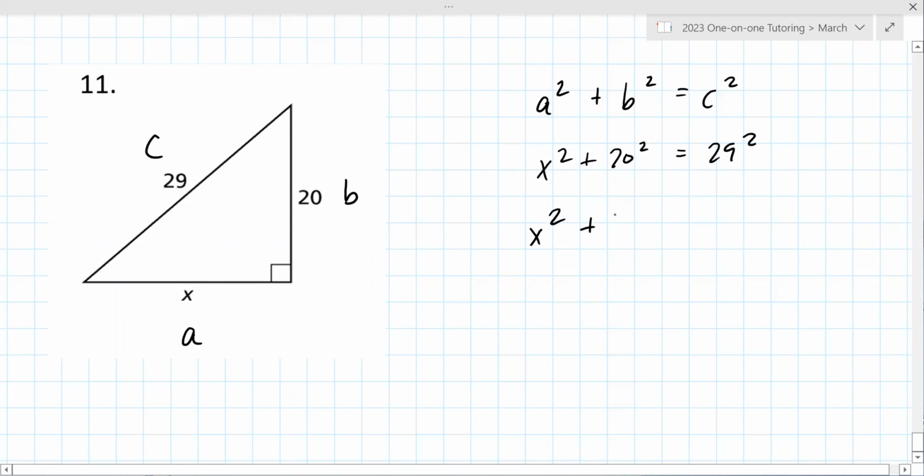So this is X squared plus 400. Can you tell me the 29 squared, please? 29 squared is 841. 841, very good. How do we solve this equation? What should we do here to get X? Subtract 400 from 841. Good.